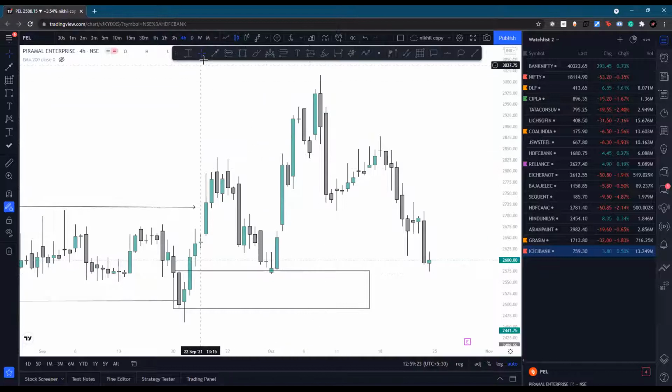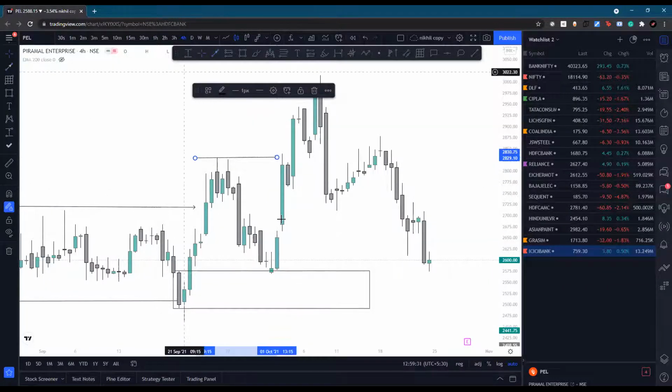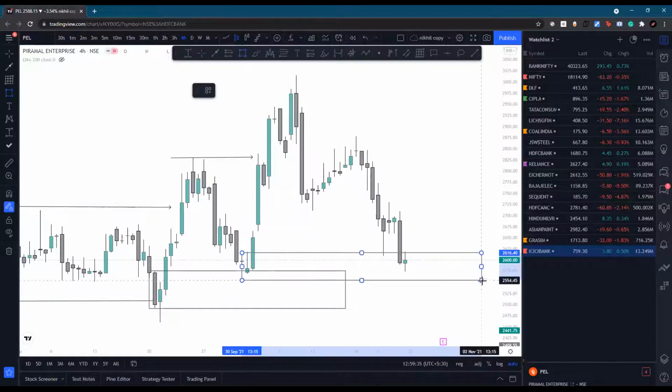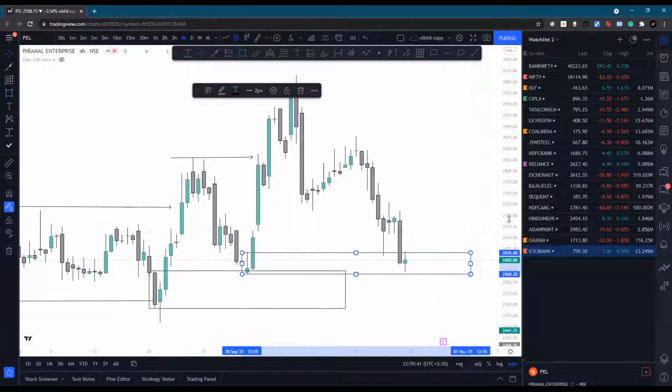I'll wait for my price action, wait for a re-entry. So right now this was a break of structure, and then this was a second order block level. So now I can actually take an entry here.